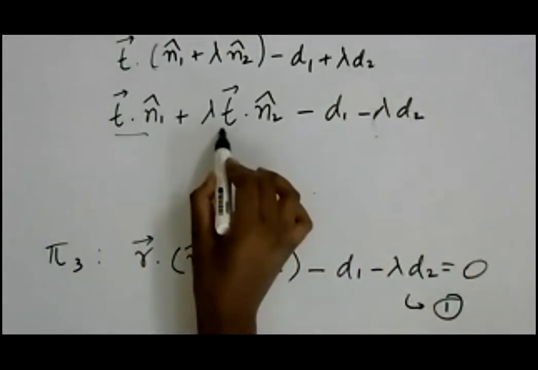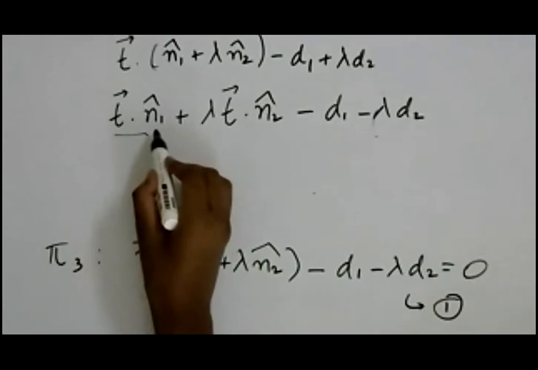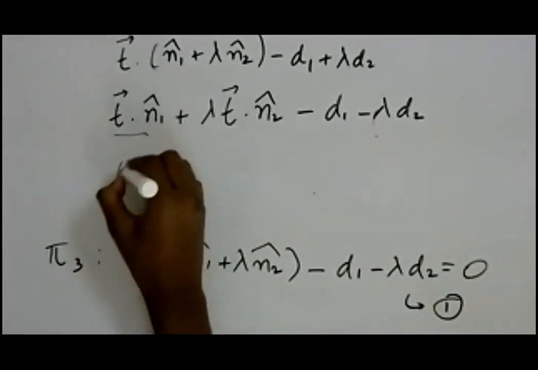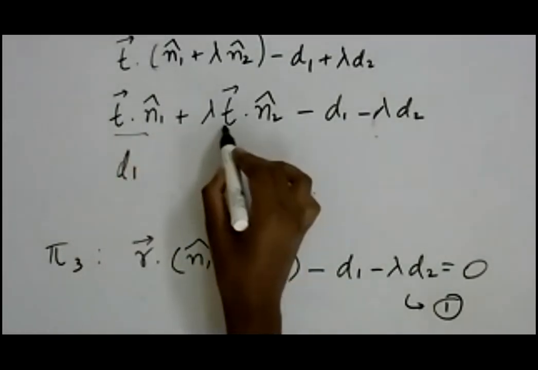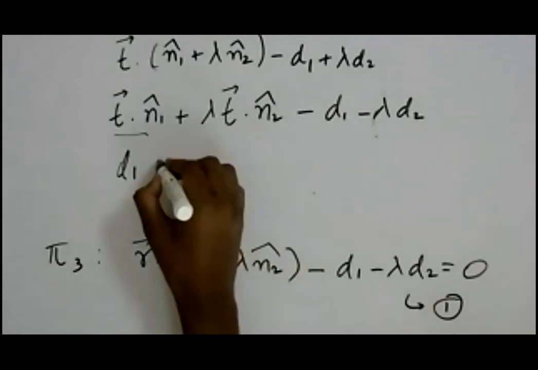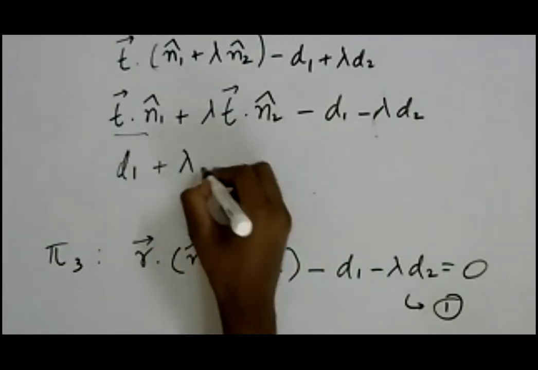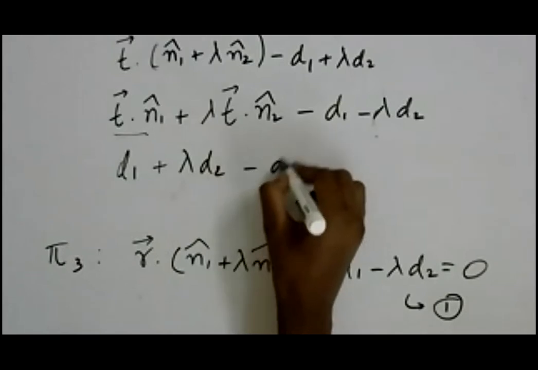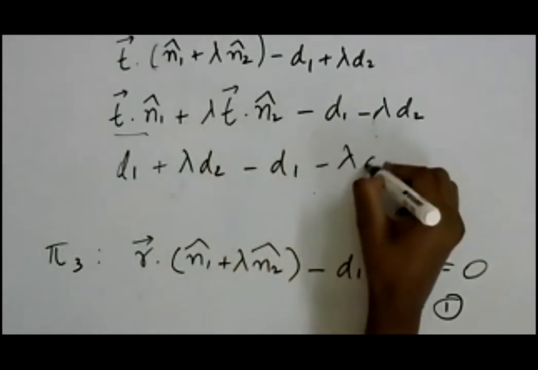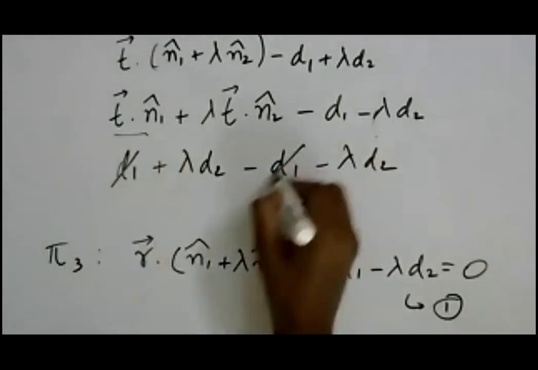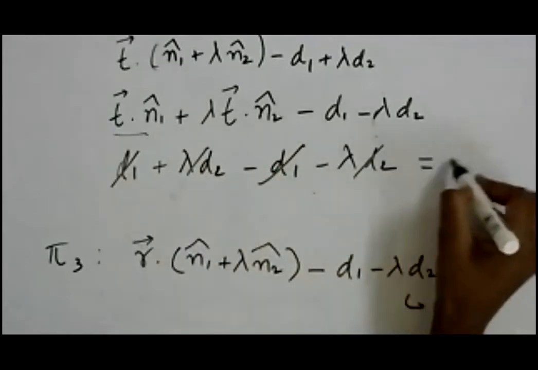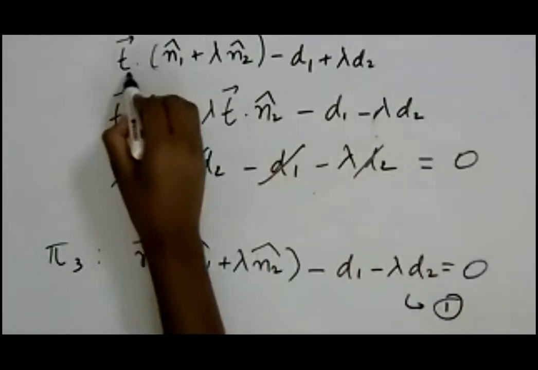But we just saw that t vector dotted with n1 is d1 and t vector dotted with n2 is d2. So this is d1 plus lambda times d2 minus d1 minus lambda times d2. The terms cancel, so it is equal to 0.